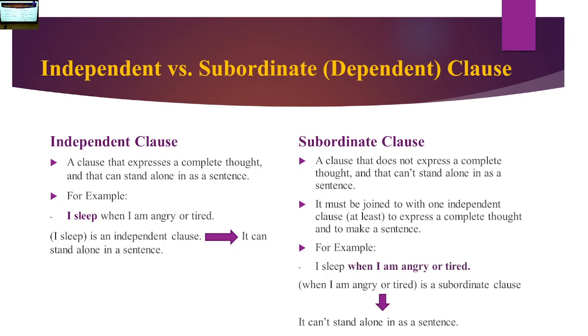That's why "when I am angry or tired" is a subordinate clause. That's why we added "I sleep," which is the independent clause, to complete its meaning. And that's why, of course, we can't use "when I am angry or tired" alone as a sentence. Why? Again, because it's a subordinate clause.